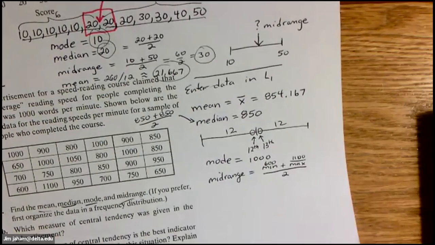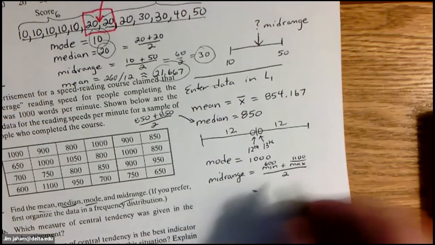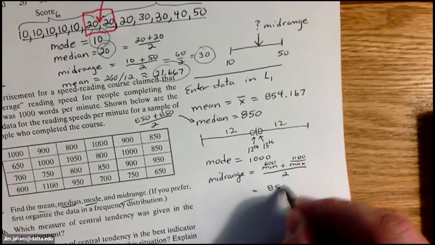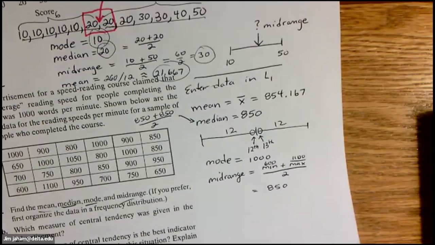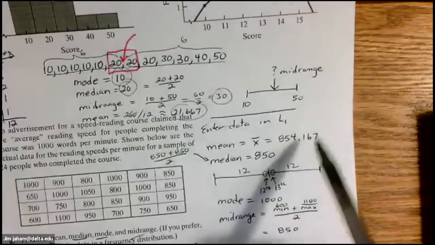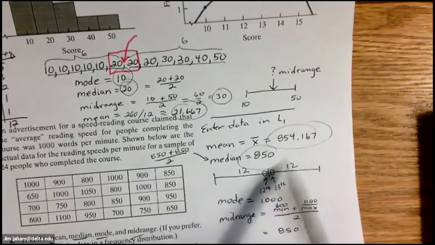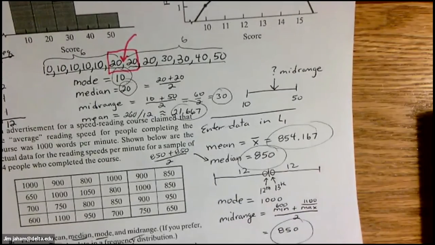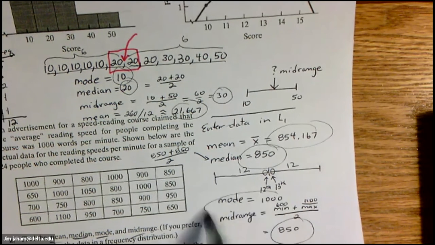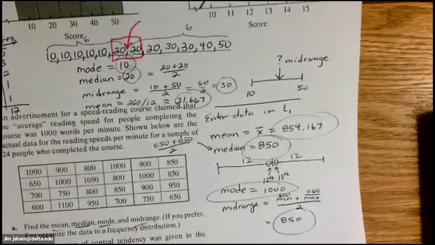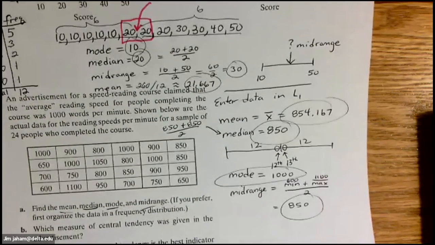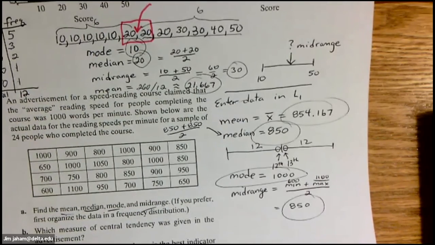That's the formula for the midpoint. 1,700, and guess what that is? Also 850. So in this case, the median, the mean, and the mid-range, all of them are very, very close, almost the same thing, 850. But then we have this mode that's 1,000, and that's the one they reported. Probably false advertising.